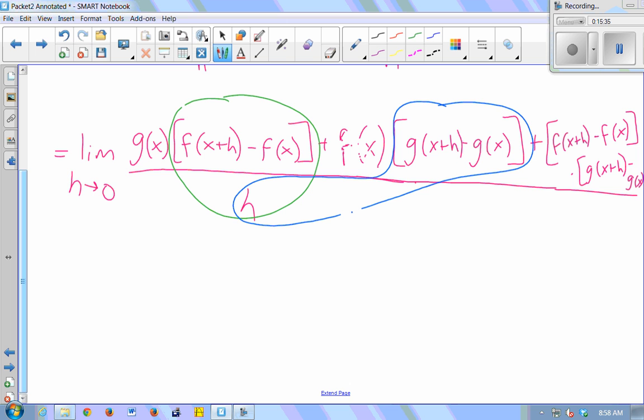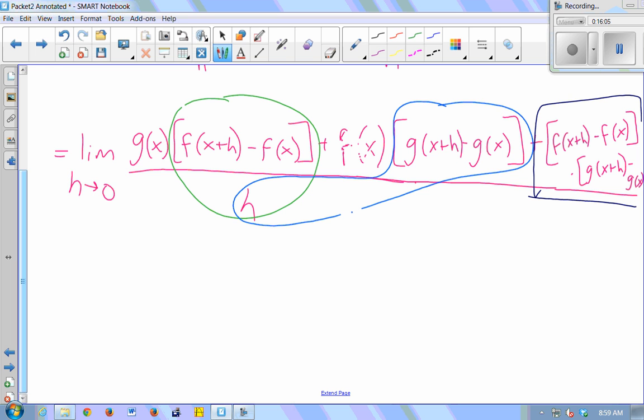So I have g times f prime plus f times g prime. And then what happens to this bit of ugliness as h goes to 0? F of x plus h minus f of x. What happens to that as h goes to 0? Goes to 0 because f of x plus h is going to go to f of x. And then f of x minus f of x is 0. Same with the g of x.